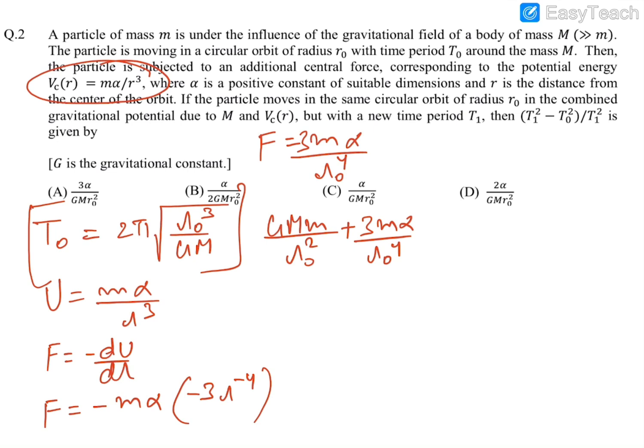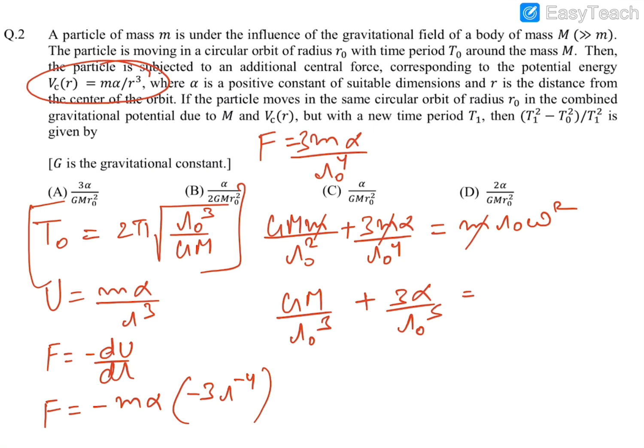This is the combined force, and this is equal to m r0 omega square. Cancelling m with m, this is GM by r0 cube plus 3 alpha by r0 to the power 5 is equal to omega square, and let us write it as 4 pi square by t1 square.